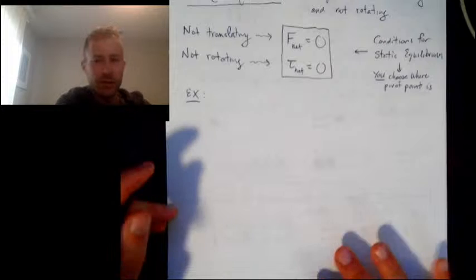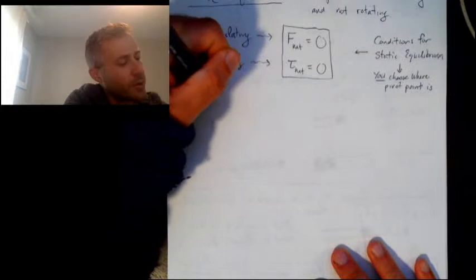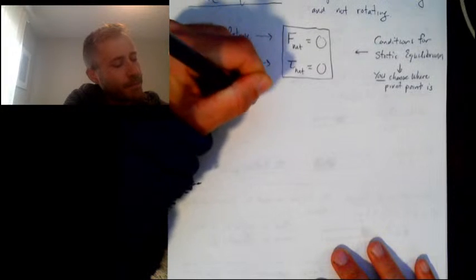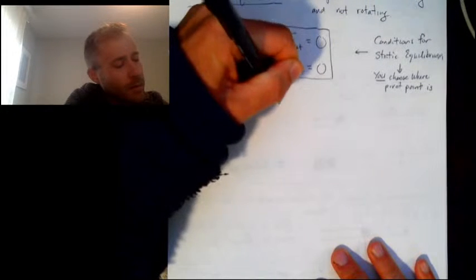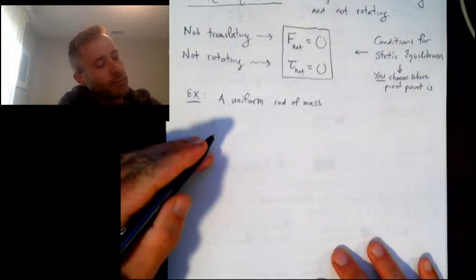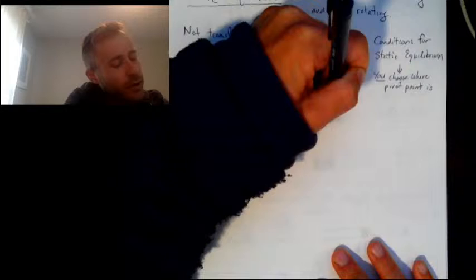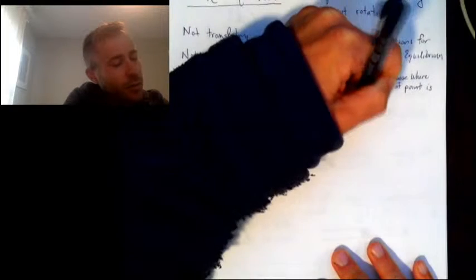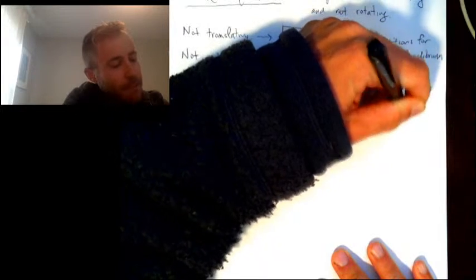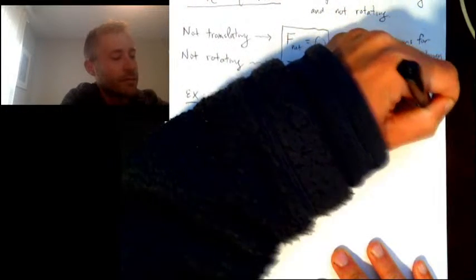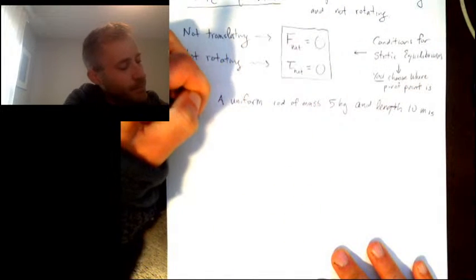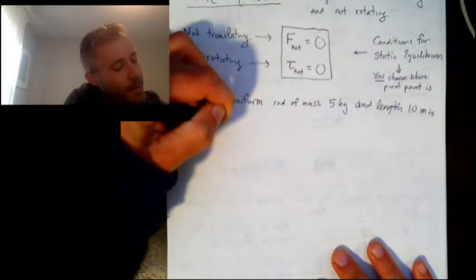So let's do an example. Let's suppose you have a uniform rod of mass, let's say, 5 kilograms and length 10 meters, supported by 2 ropes.